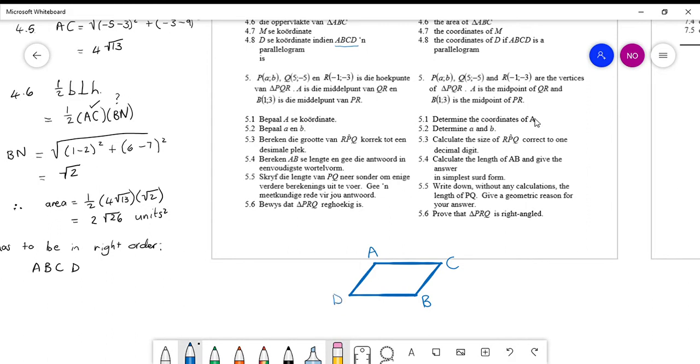It can't go A to C to B to D. It has to go A, B, C, D, or alternatively, it can be named anticlockwise. Both of those are parallelogram ABCD. Okay, and this is important for when you are drawing in your fourth angle.